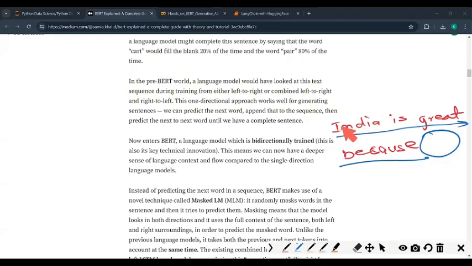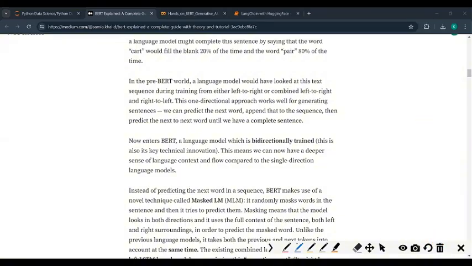Then it looks at the statement again, "India is great because this", and on the basis of this new predicted word, it predicts the next word, and the next. For predicting any next word, transformers, RNNs, LSTMs all see the previous tokens, and on that basis decide the most probable next word. That is how they work.